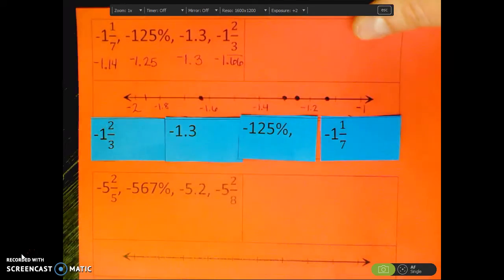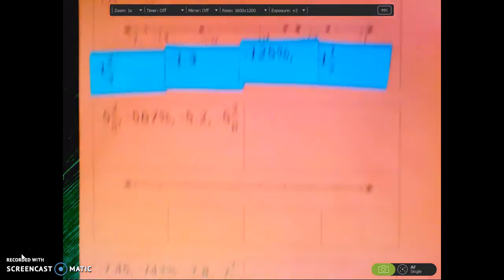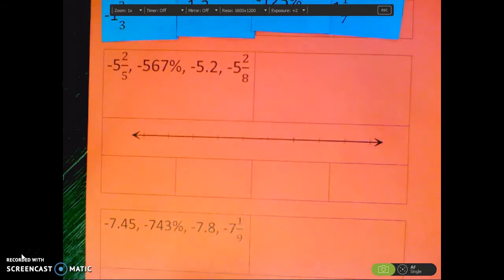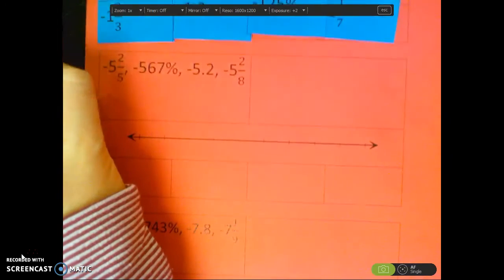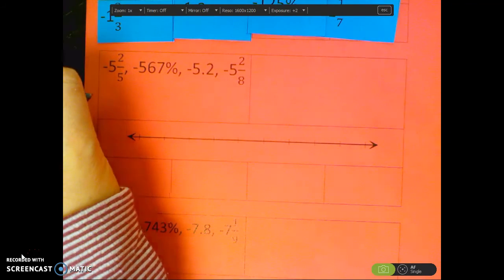Next example we have are the 5s. So, step 1, I'm going to turn all of these into decimals. How about you pause this video right now really quick and change them all to decimals, because you should be able to do that. So pause the video, and then when it resumes, you should check your answer.